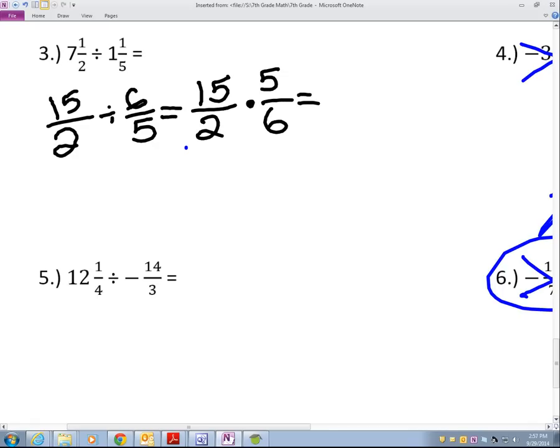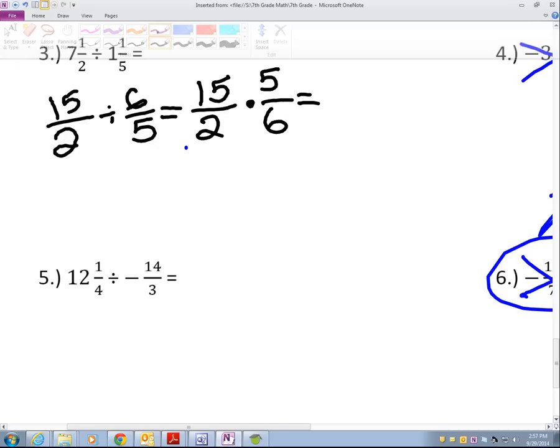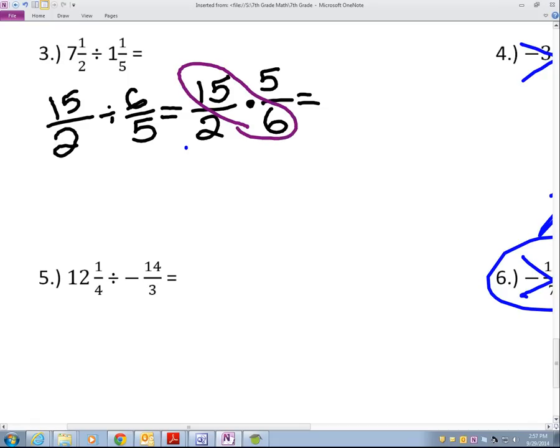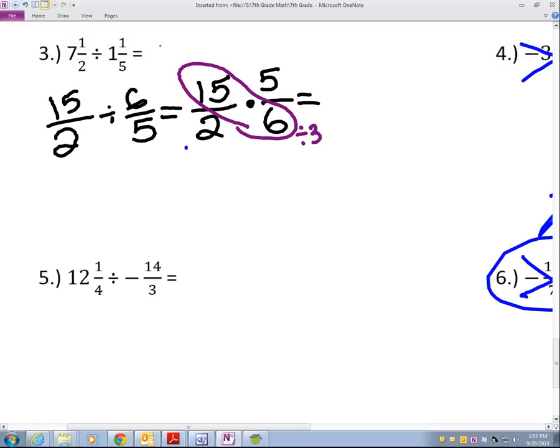Now with this one, there is a cross simplification that I can do. I can take this one and take a 3 out of it. That's from section 6.3 that we did earlier this week. So now I have 5 over 2 times 5 over 2.